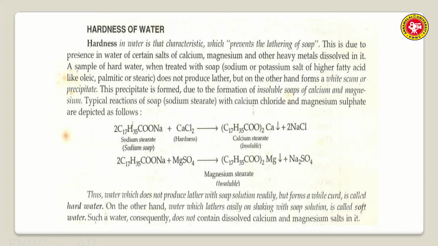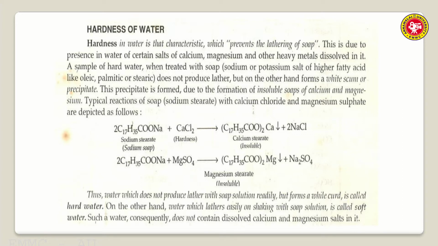This is due to the presence of certain salts like calcium and magnesium. Generally, calcium and magnesium salts are responsible for hardness of water, mainly the carbonates, bicarbonates, chlorides, and sulfates of calcium and magnesium.